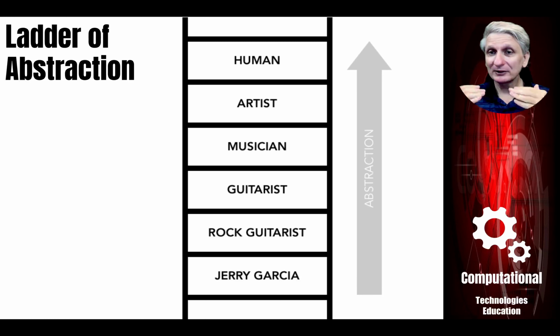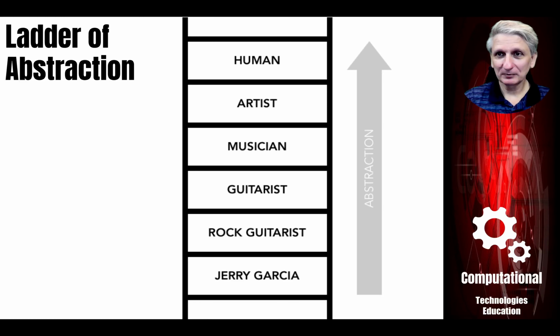Guitarists are a subset of musicians. Rock guitarists are a subset of guitarists. And the rock guitarist Jerry Garcia is a subset of all the rock guitarists. And he would be the most concrete, whereas humans would be the most abstract.